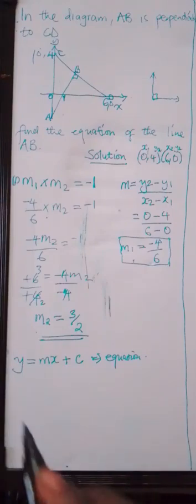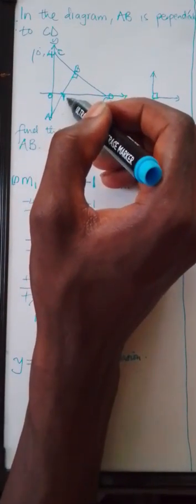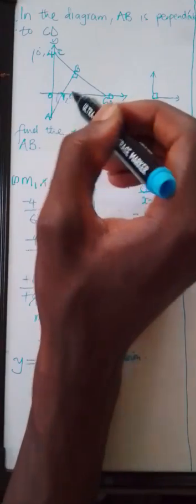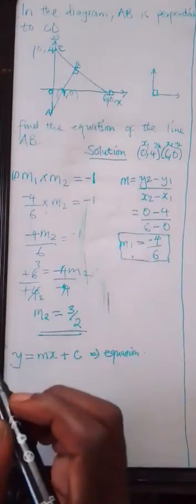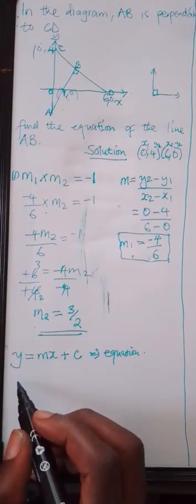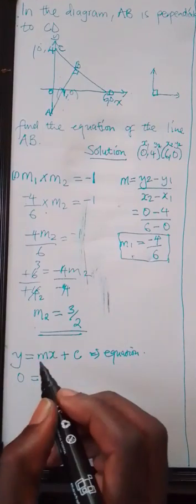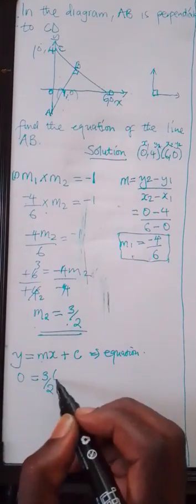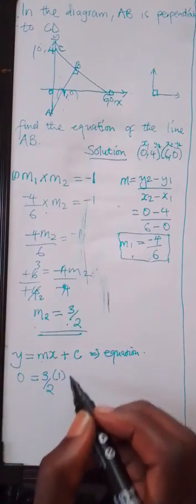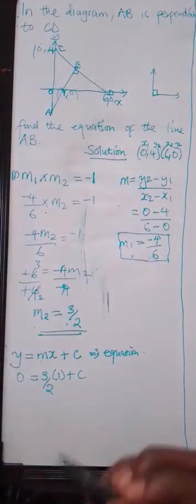Then the values we are going to pick are 1, 0, meaning 1 on the x-axis and 0 on the y-axis. Where there is y, we put 0. Where there is the gradient, we put the gradient we have found. Where there is x, we put 1, plus c. Here we are calculating the value of c.